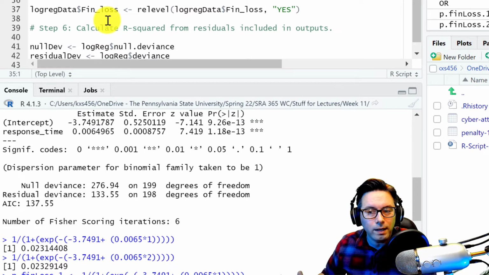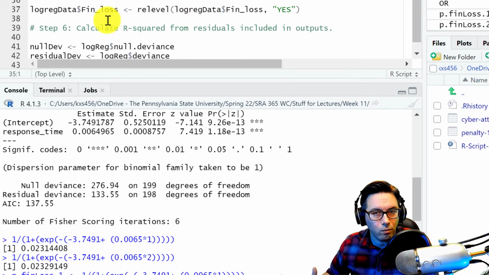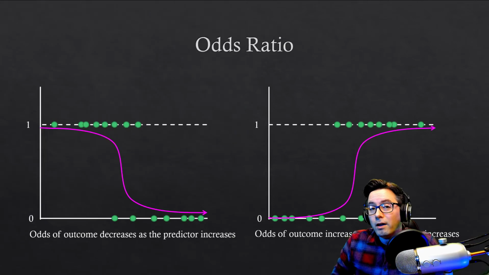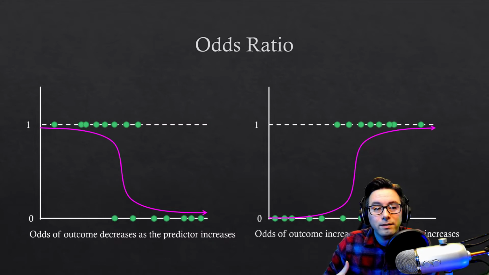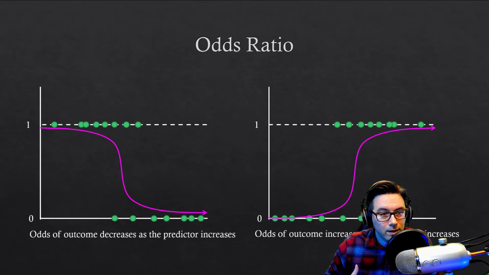Let's go into the slides again and talk about what the odds ratio is. The odds ratio, we didn't talk too much about, but it helps us do a couple of things. First of all, notice the two different odds ratios that we have here. The one on the left is saying that the outcome decreases as the predictor increases.